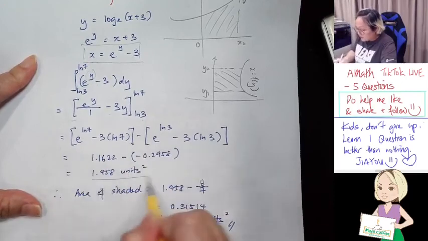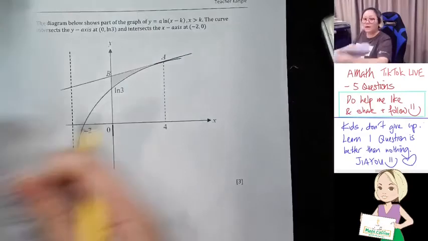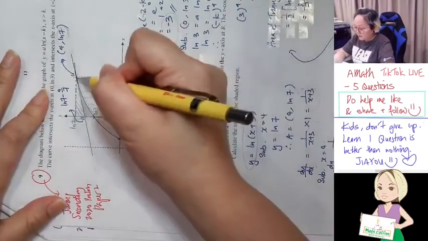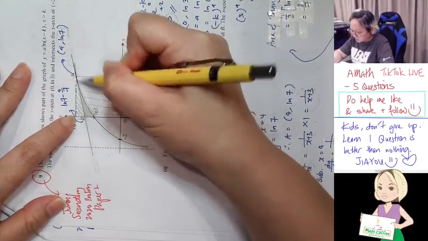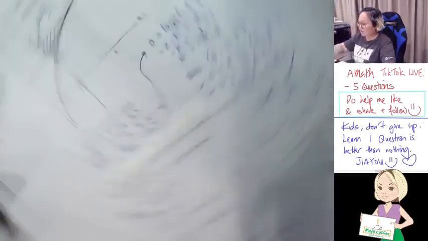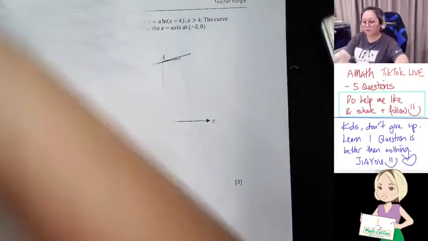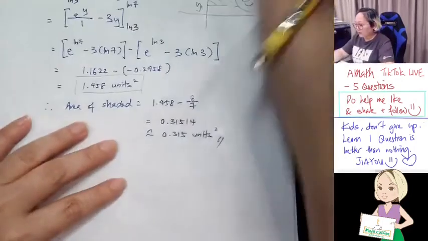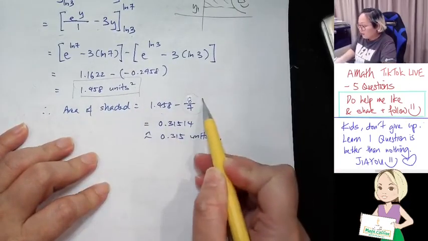So this is the area under the curve, but it's not your shaded yet. Area under the curve is simply from here all the way to here. The curve from here all the way to here. I need to minus away my triangle. So that's where my triangle area comes into the picture. Area under the curve minus the triangle, and I get this.